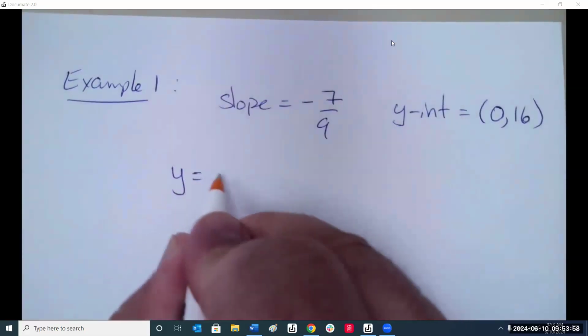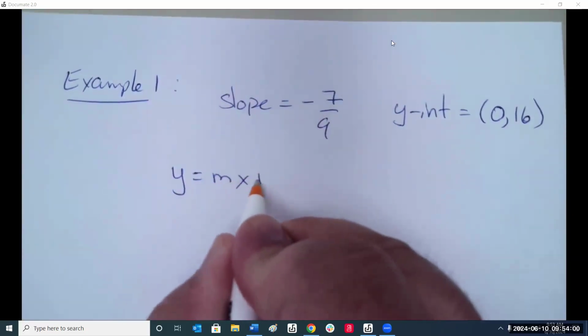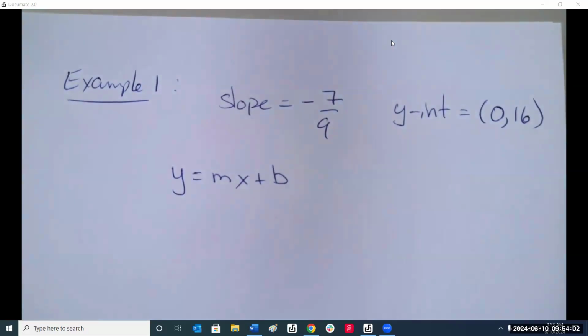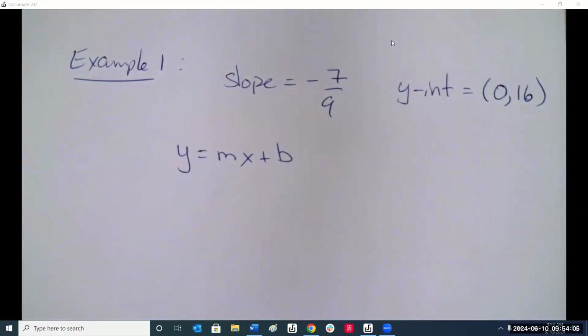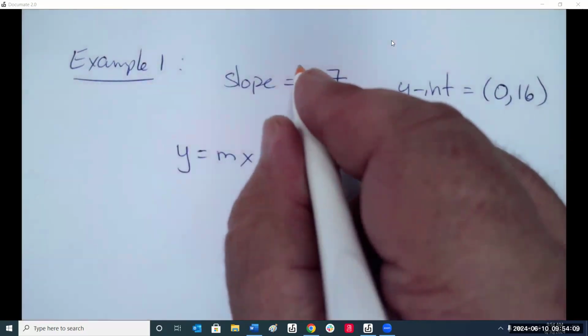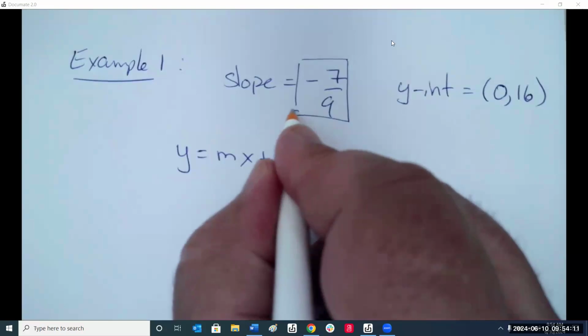It wants us to find the equation of a line. So what do we do? This is the slope, that's m.